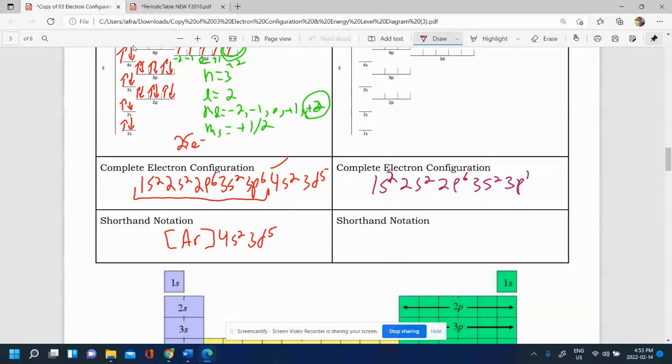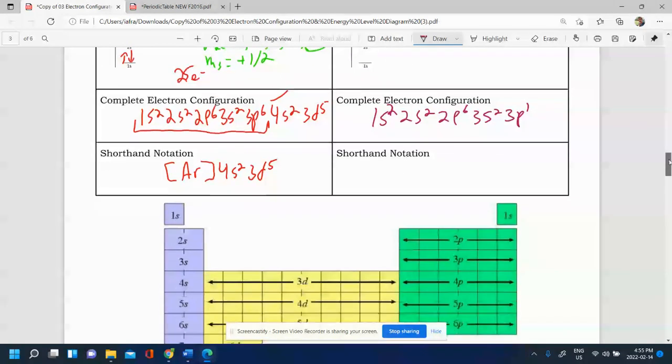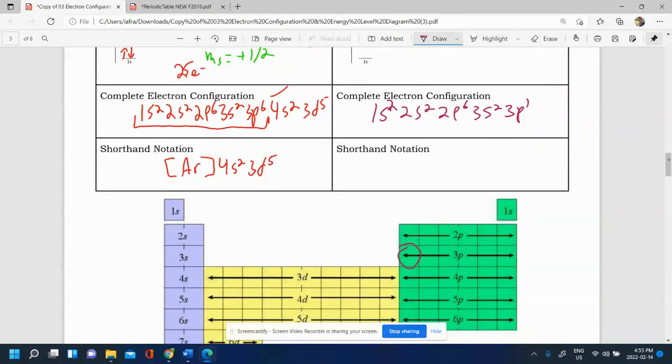And that's because aluminum falls right over here. And so we get our 1s2 filled up, our 2s2 filled up, our 2p6 filled up, our 3s2 filled up, and then our 3p1 right here. And that would be the electron configuration for aluminum.